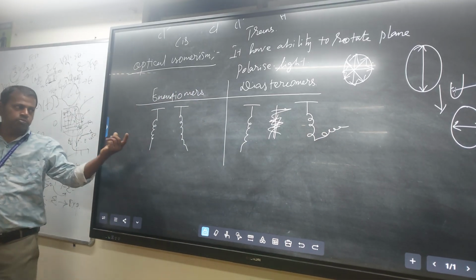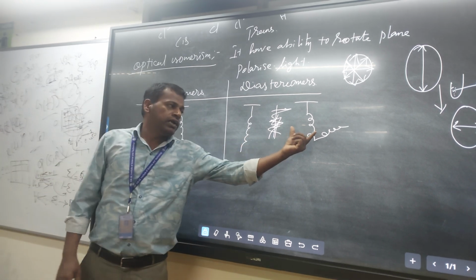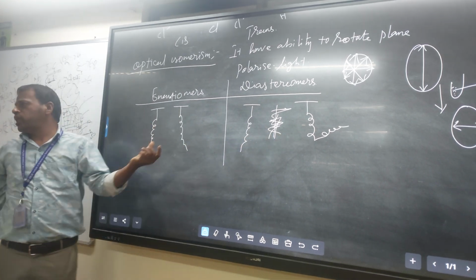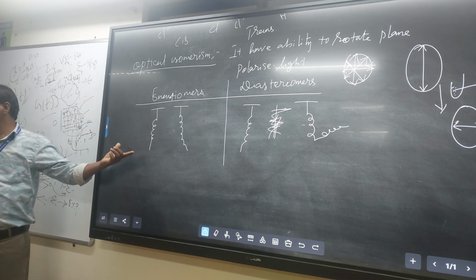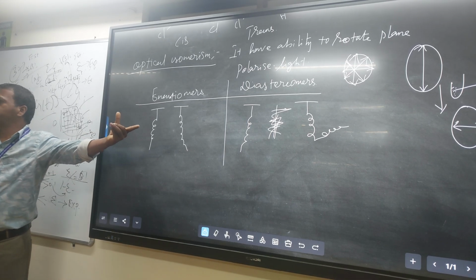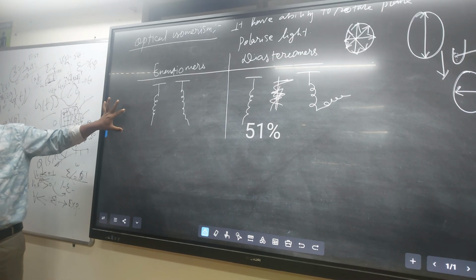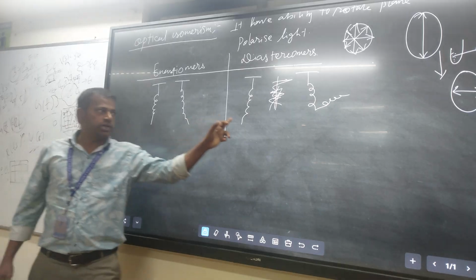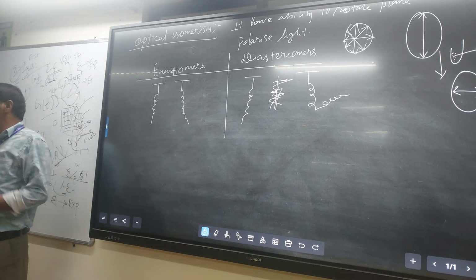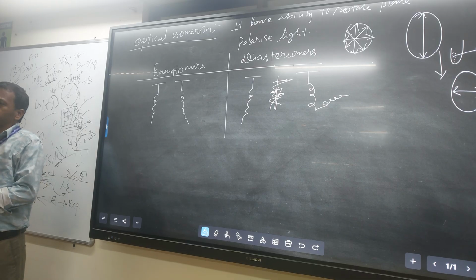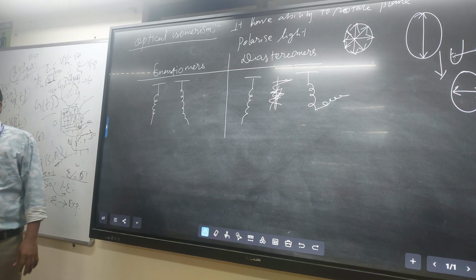Okay, this molecule is an enantiomer and this molecule is a diastereomer. Now you tell me, from the diagram, what you understood. The enantiomer means non-superimposable but mirror image. That is an enantiomer.